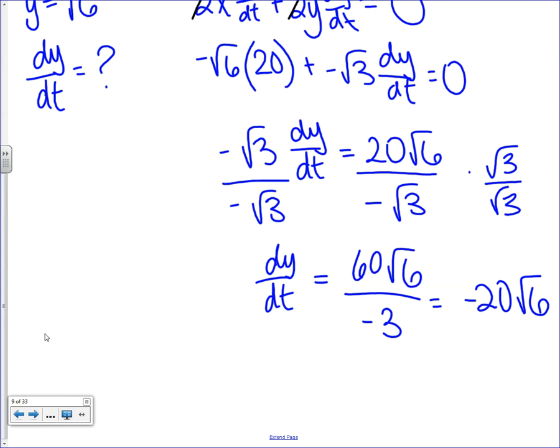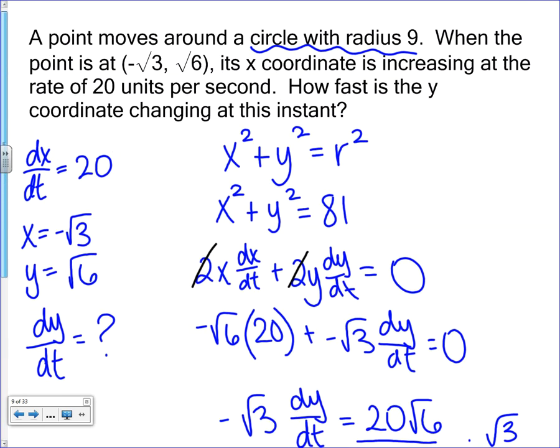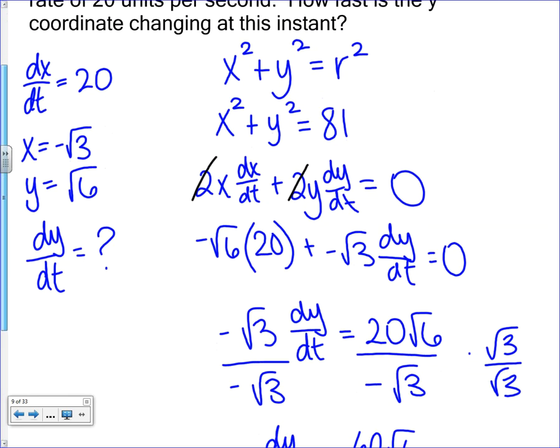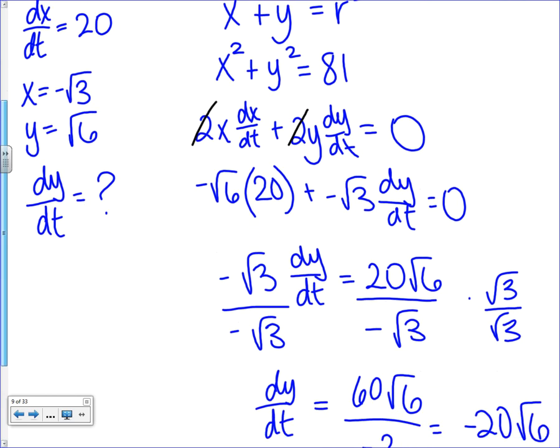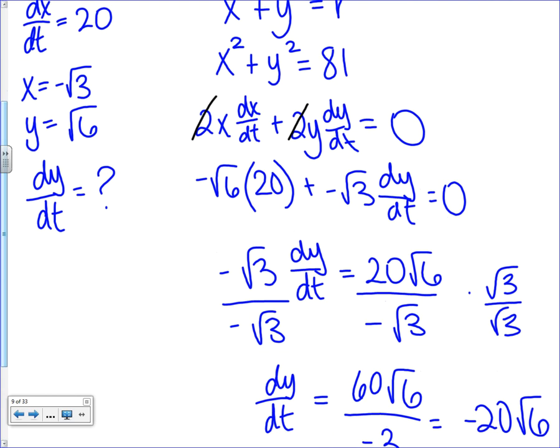Should look like that. Oh, let's see here. Oh, did I put them in the wrong spot? Something's not right here, kiddos.